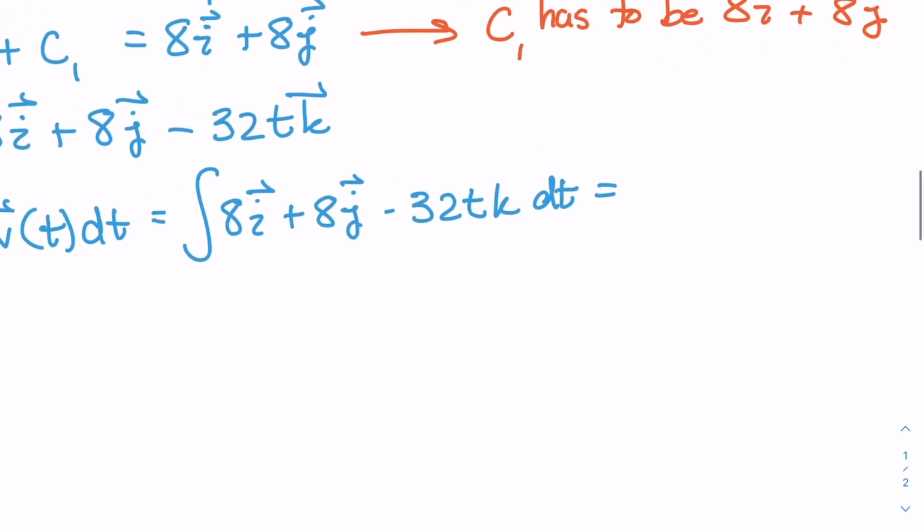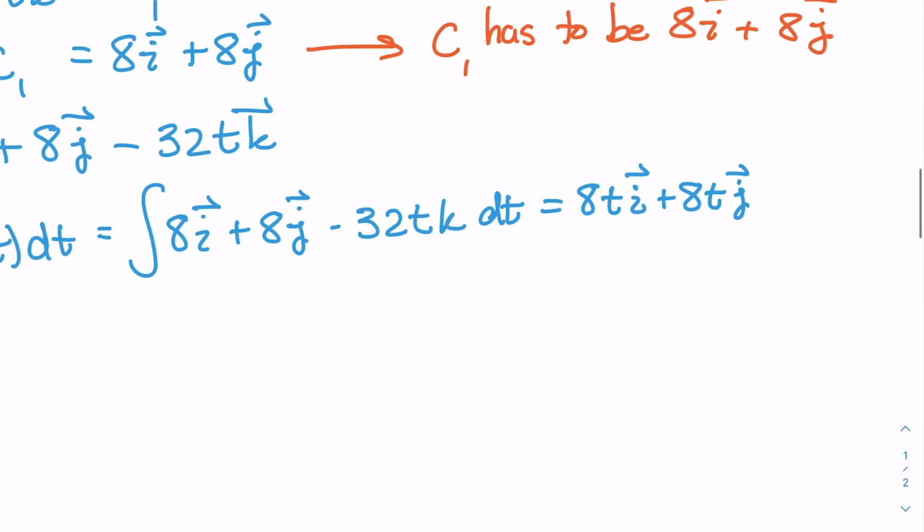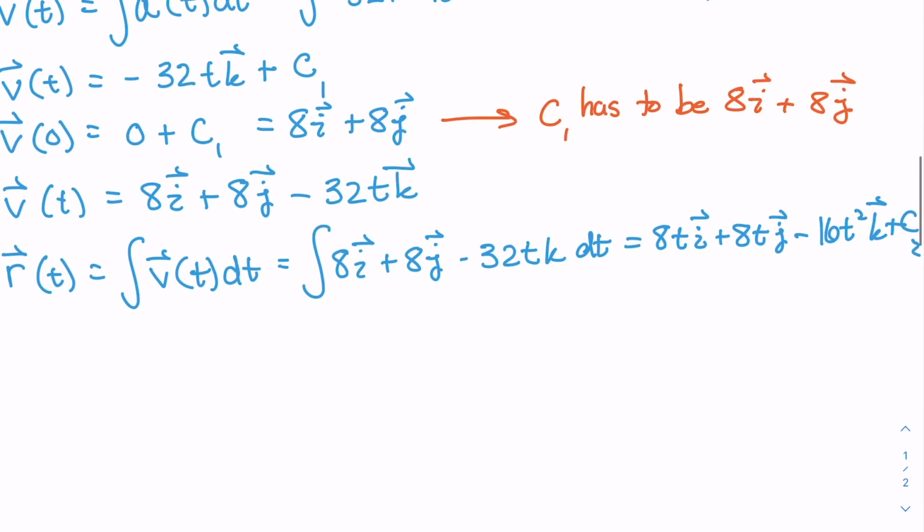So we'll get 8ti plus 8tj minus 16t squared k plus another constant. I'll call that C2. So now we have to find out what the second constant is going to be.